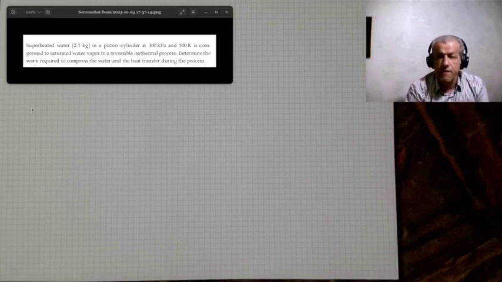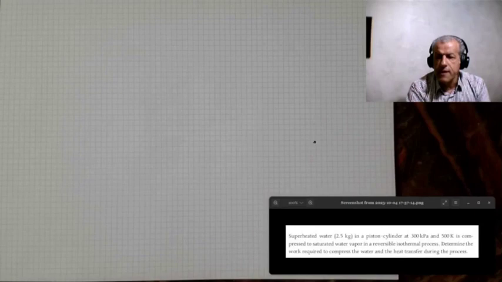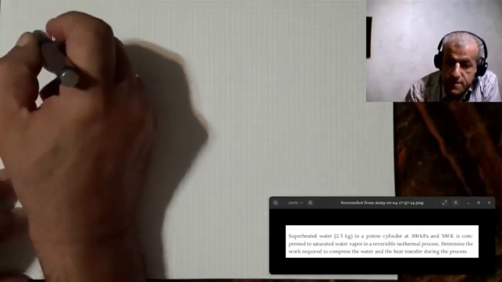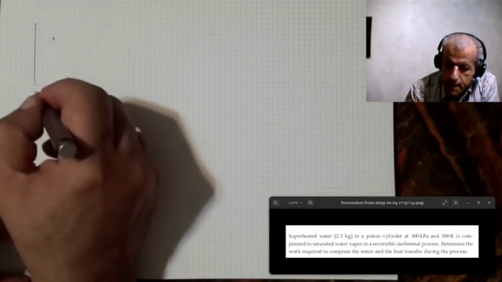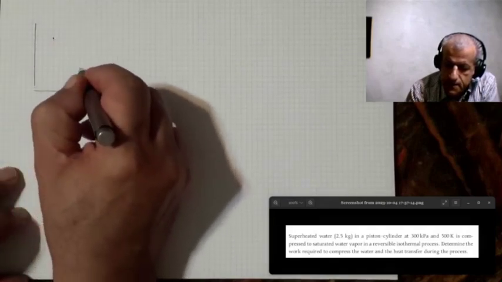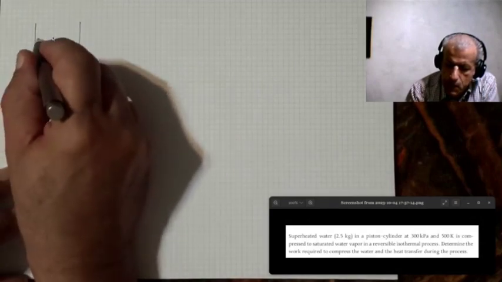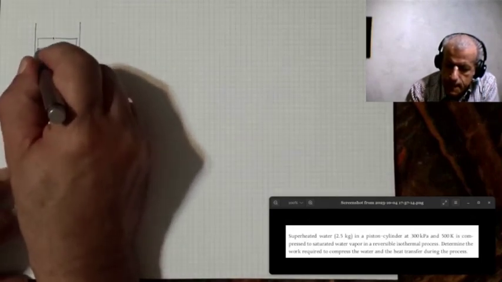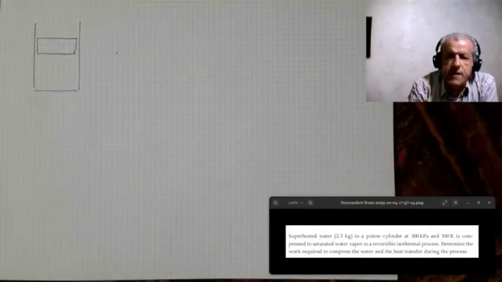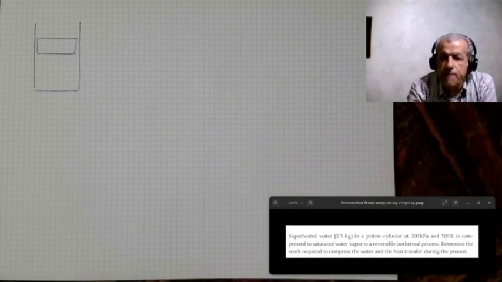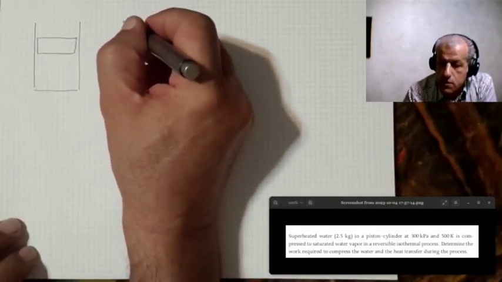to learn further and learn better, is a problem that tells us we have superheated water. We have a piston cylinder first. This is a piston cylinder, and what we have in it, we have superheated water.